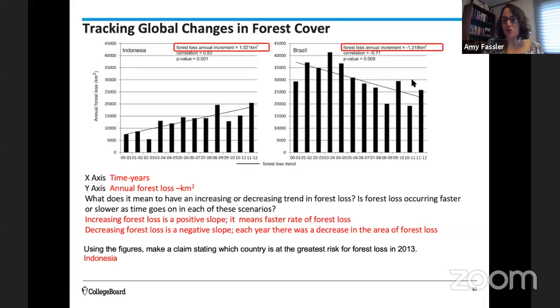I don't know what they're doing from this graph in terms of reforestation, but during this period of time, Brazil was seeing 1,318 kilometers squared less land cut every year. They were decreasing the amount of deforestation.